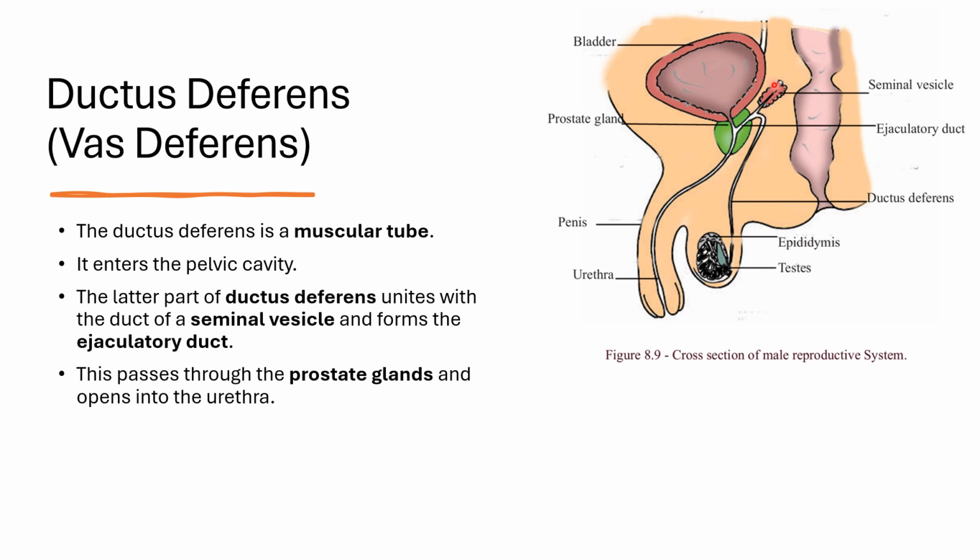So here you have the seminal vesicle and there's a duct coming out of it. The ductus deferens unites with it and forms the ejaculatory duct. And then this ejaculatory duct passes through the prostate gland. This green colored one is the prostate gland. Then this passes through the prostate gland and it opens into the urethra.